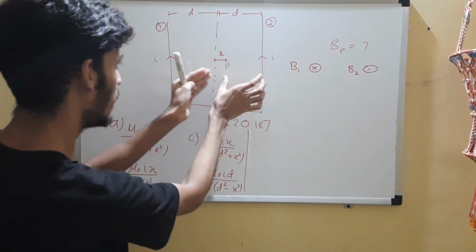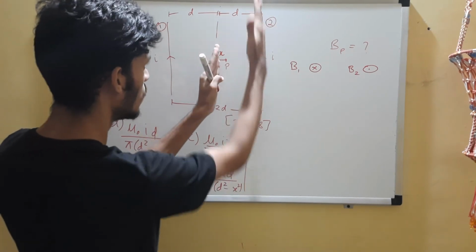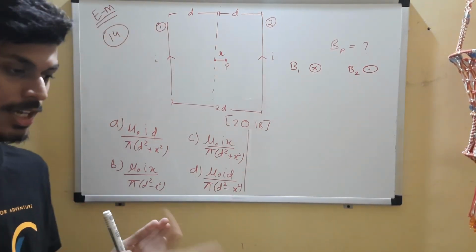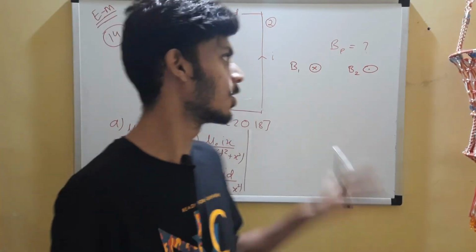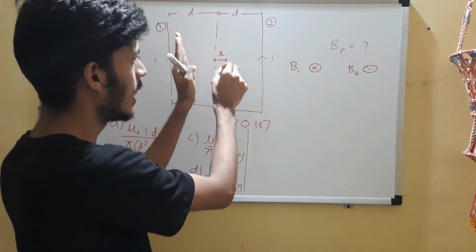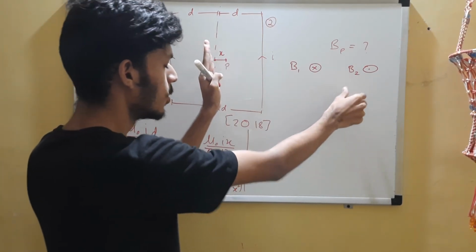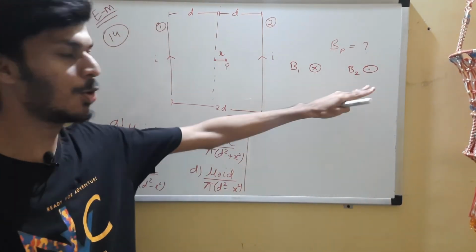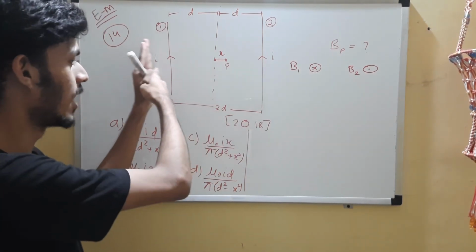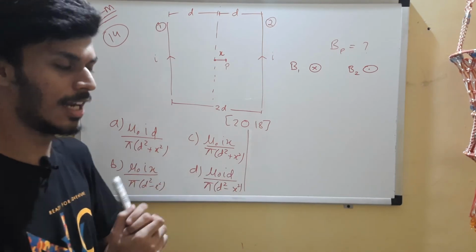Here you can see point P is closer to wire 2, right? So the magnetic field at point P due to wire 2 is more. So B2 is more, B1 is less. For wire 1, the point P is relatively far.